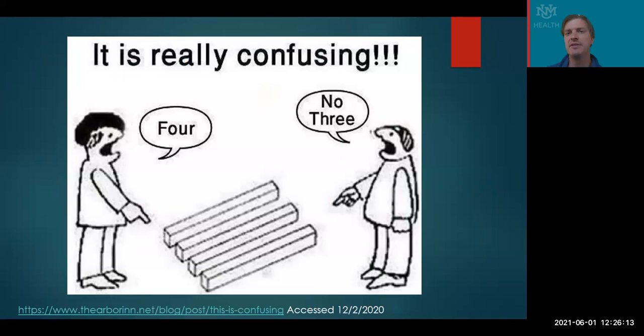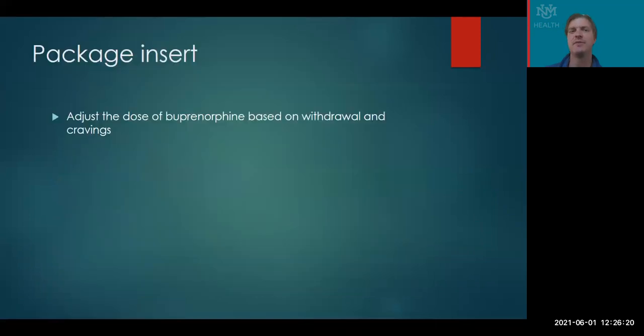So if I haven't confused you yet, here's the part of the talk where I'm really going to try to simplify things. Looking at the package insert, which, as everybody is well aware, is based on the clinical trials, we should be adjusting the dose of buprenorphine based on withdrawal symptoms and cravings.